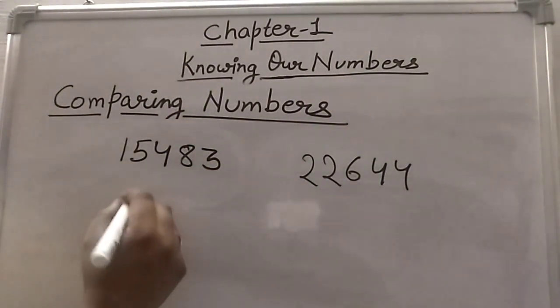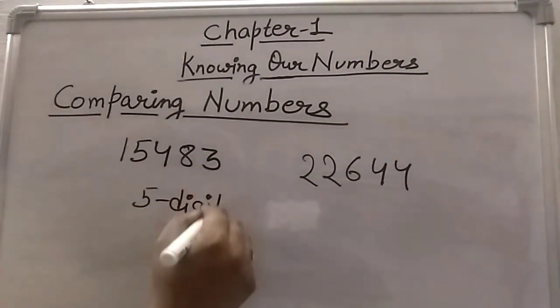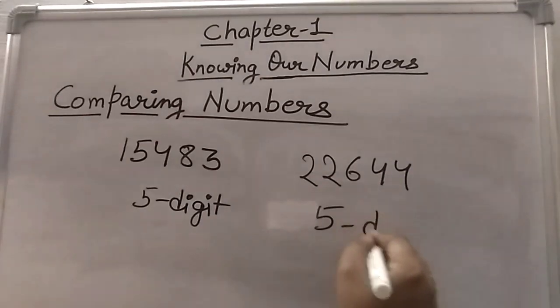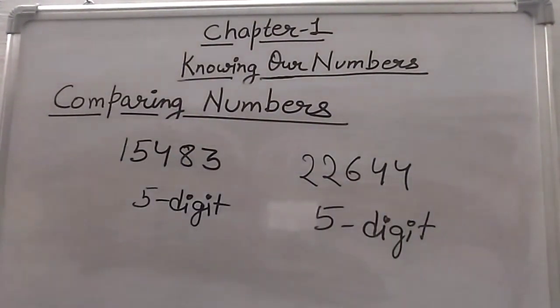Both of these numbers are 5-digit numbers. So by this we cannot say which is the greater number and which is the smaller number.